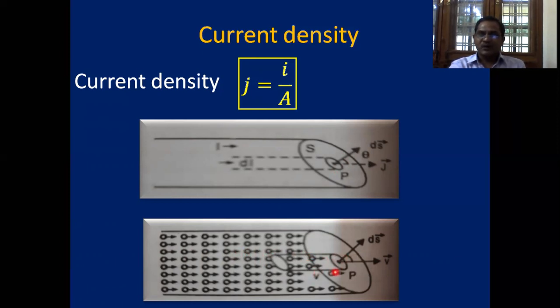On this cross-sectional area, I considered a small area element ds bar, whose direction is like this. These charge carriers are moving with speed v bar along this direction. The direction of movement of these charge carriers is the direction of their drift velocity, which we will discuss later.